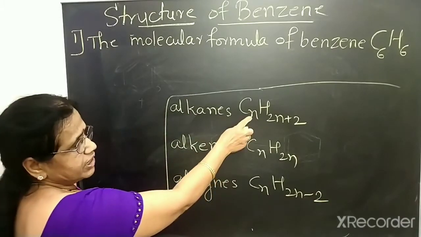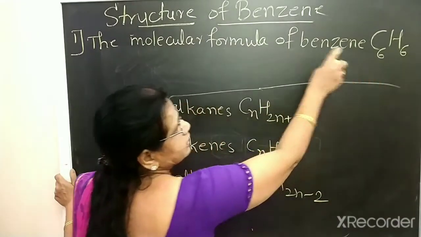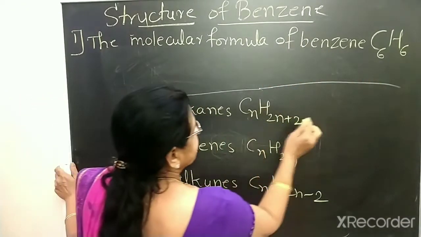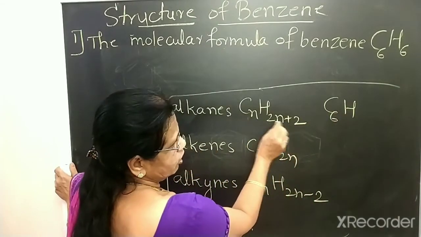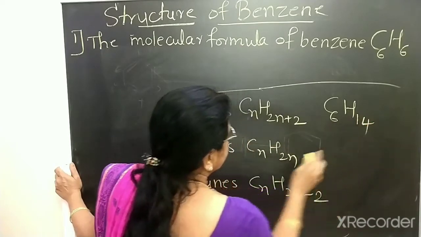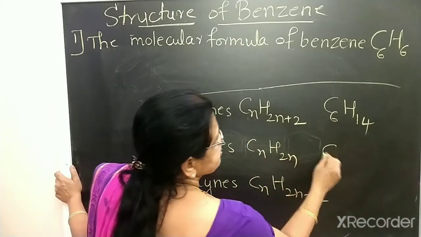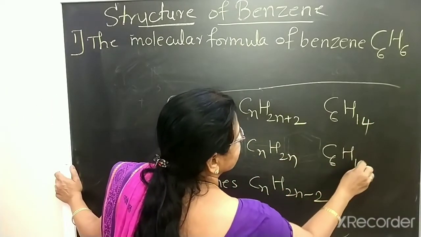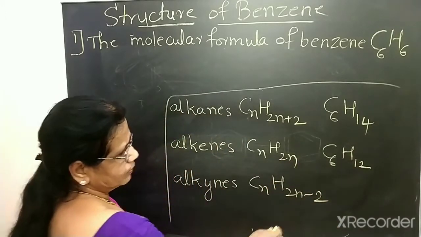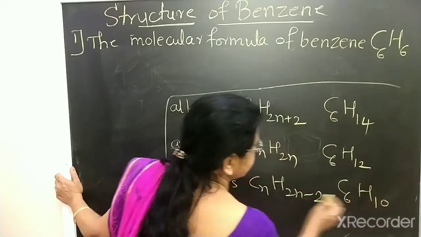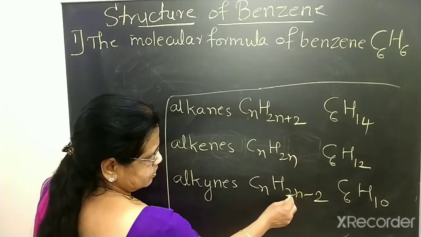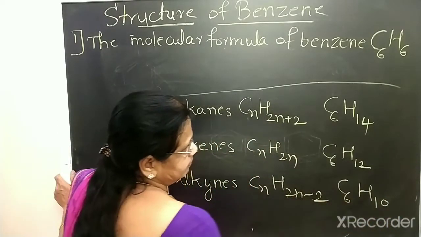So if you put n equal to 6, as here carbons are 6, then we get C6H14, 6 into 2, 12 plus 2, 14. In case of alkenes, C6H12, 6 into 2, 12. For alkynes, C6H10, 6 into 2, 12 minus 2, 10.